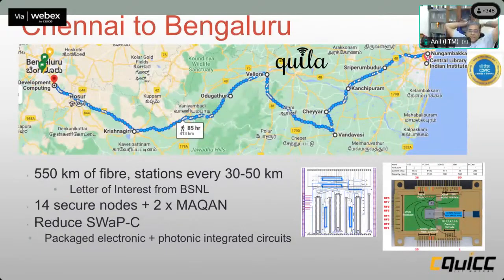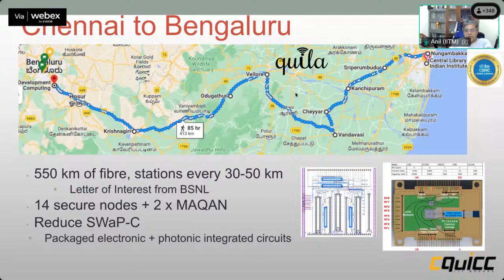So here, for example, is an idea that we have been working on, which is to connect Chennai and Bangalore on this fiber. This is actual fiber from BSNL, and each of these white circles is one of their stations.